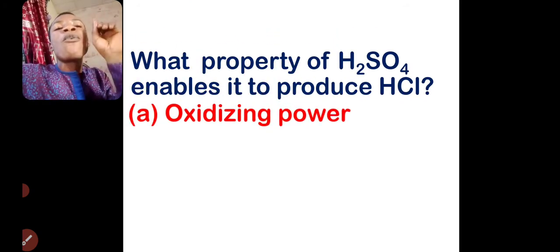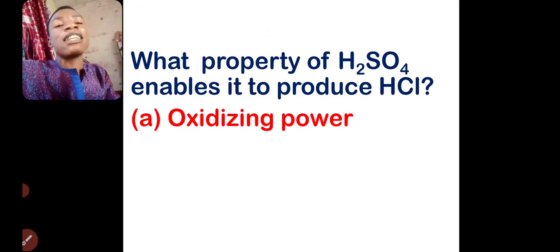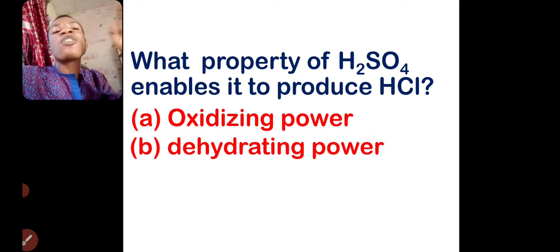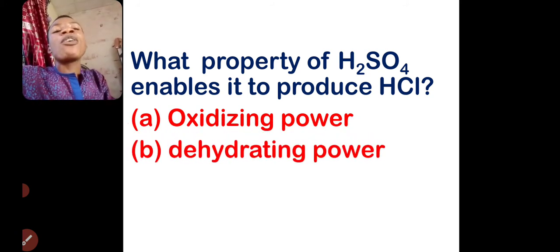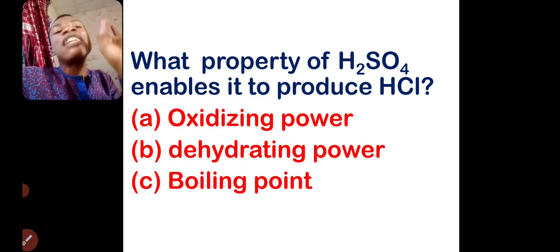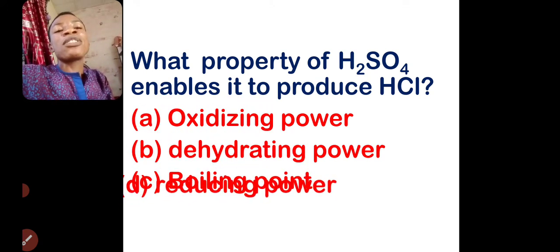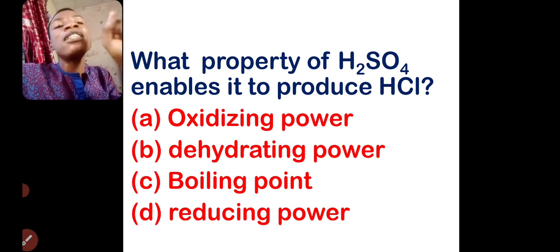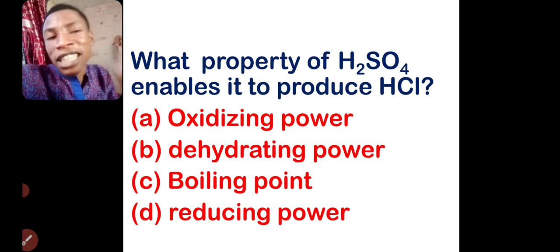Finally, before we end the class, what property of H2SO4 enables it to produce HCl? Is it because of its oxidizing power? Is it because of its dehydrating power? Is it because of its boiling point? Is it because of its reducing power? Don't forget that in this case we are using H2SO4 to produce HCl.